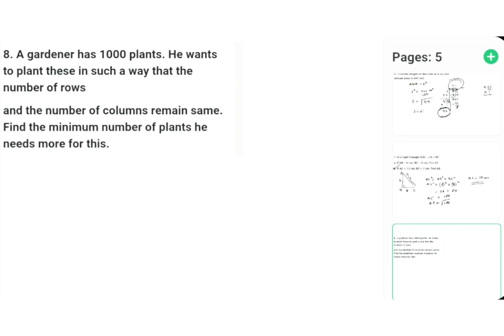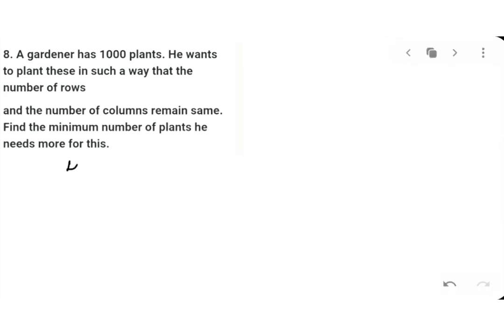See, 1,000 plants he has to put, but we do not know the rows and columns. So what we will do is, let the number of rows be x, and the columns are also the same, so columns will also be x.